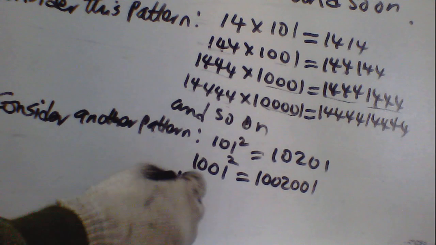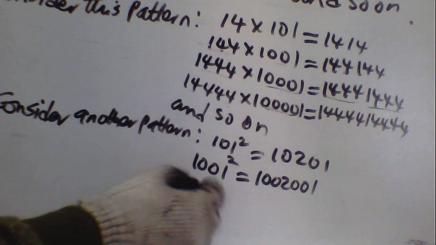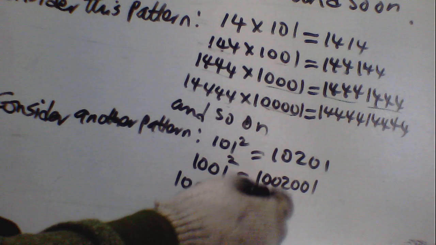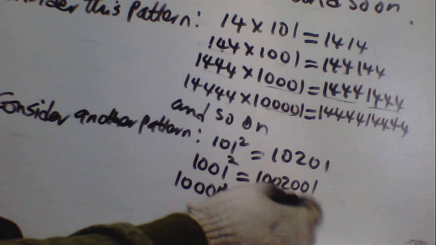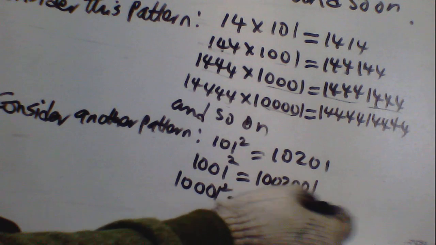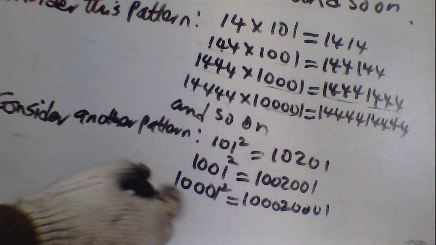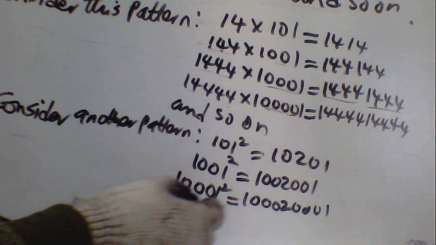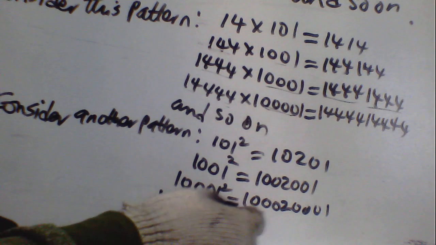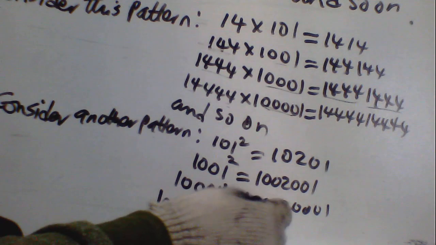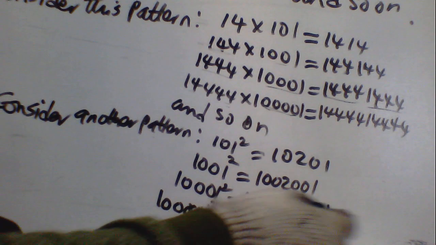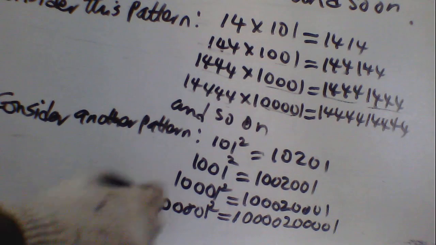So another one: 10001 squared is the same as 100020001. And then you have 100001 squared is the same as 10000200001, and so on.